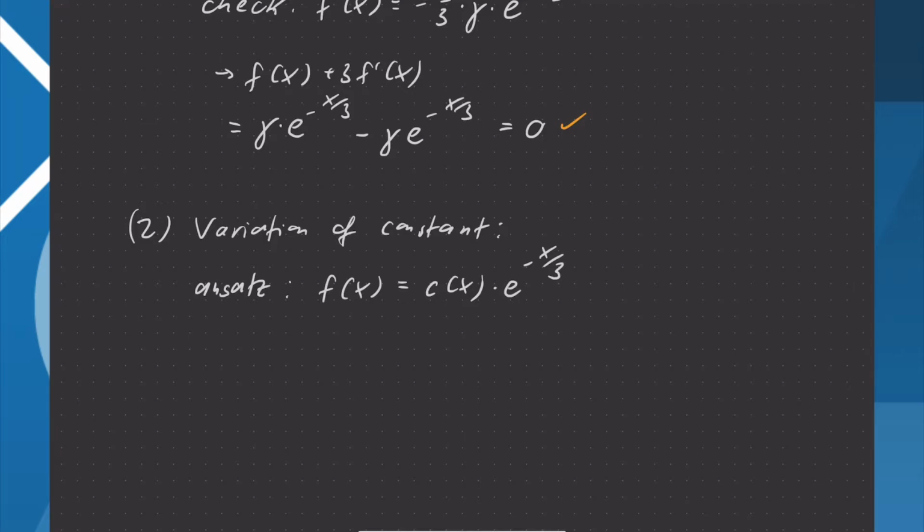And we're going to substitute that into the differential equation. So we need to compute f prime. And f prime is c prime of x times e to the minus x over 3 minus c of x times 1 over 3 times e to the minus x over 3.